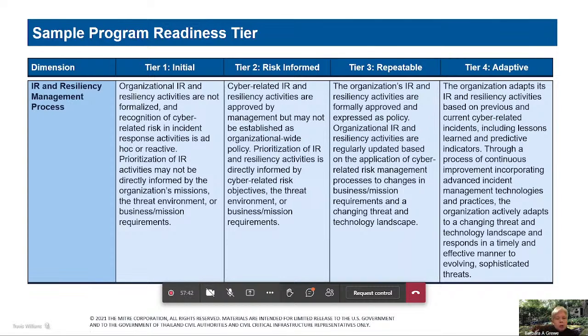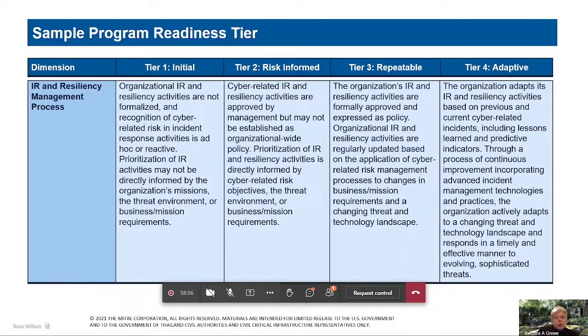Now, I'm not going to show you all 3 of those right now. I'm just giving you the example of what this tier looks like for the incident response and resiliency management process. And I'm not going to read each of the elements, but as you can see for each of the tiers, there's a description of the capabilities of a particular organization.